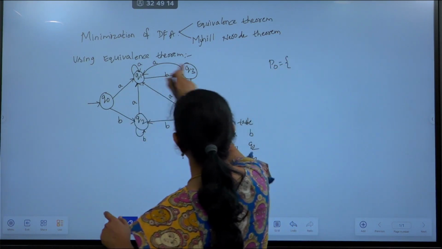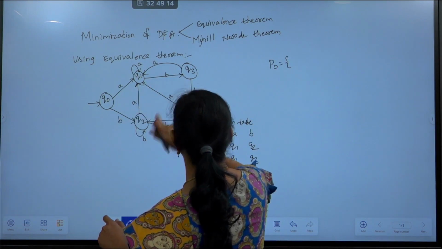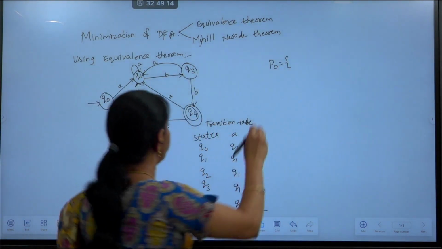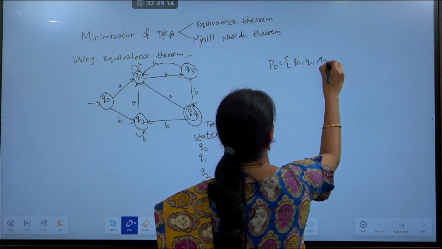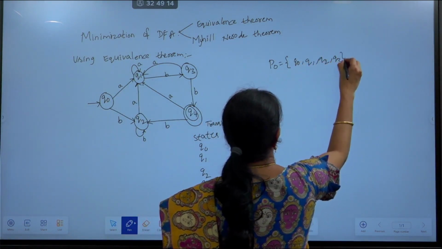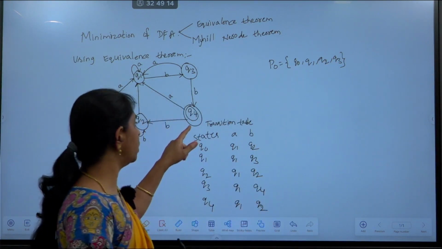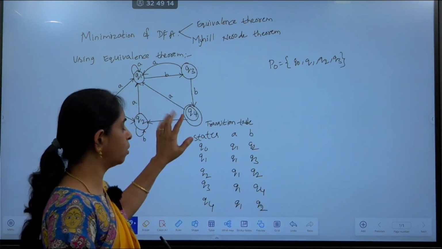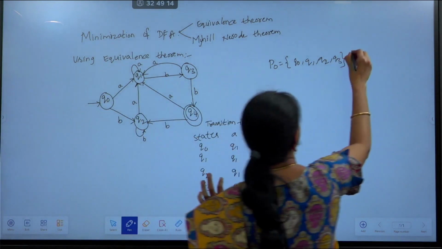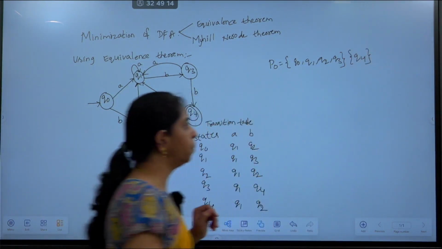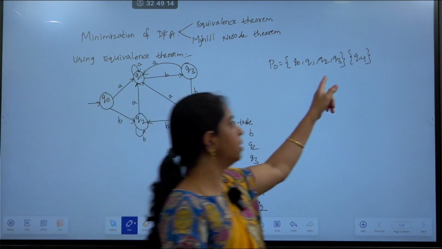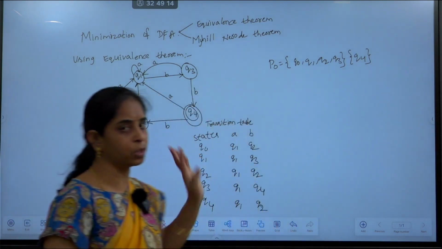What are the non-final states we have? Q0, Q1, Q2, Q3. The final state is only Q4. Whenever we have the double circle, we know that it is the final state. This is P0: we have partitioned the non-final states and the final state.